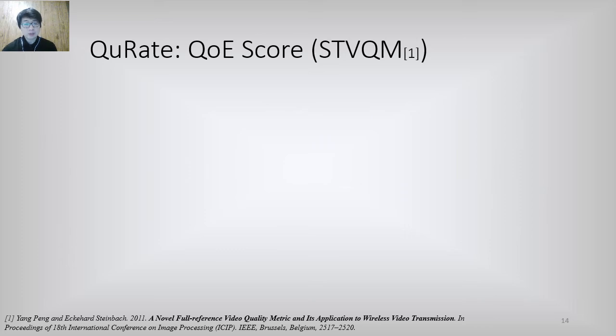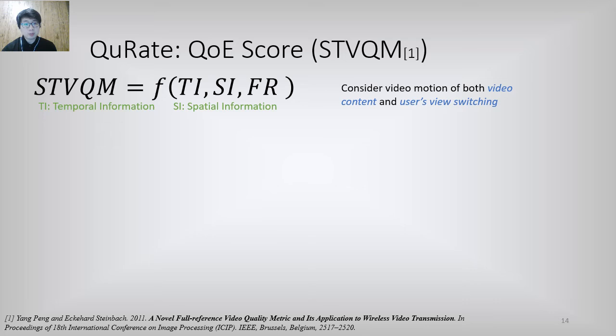Before I talk about the details of the frame rate library, let's take a look at how we evaluate the video quality. In this paper, we adopted the STV-QM metric to evaluate the video because it considers the video motion of both video content and the user's view switching. The STV-QM is a function of the TISI information and the frame rate, where TISI stands for temporal and spatial information of the video content.